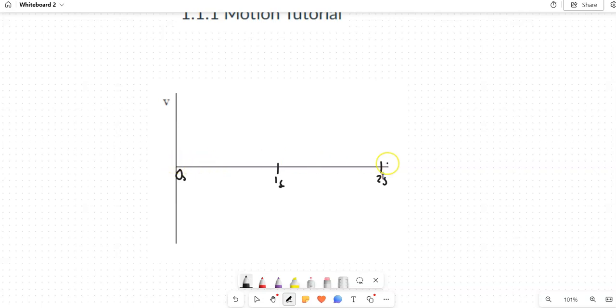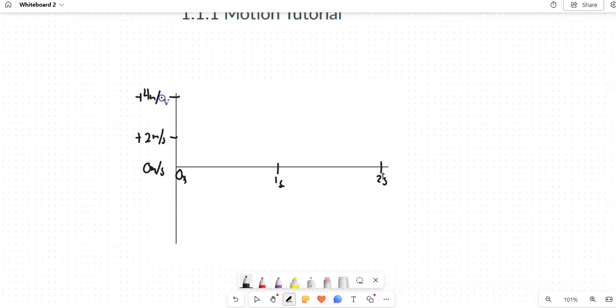So this is the t-axis. Now the vertical axis is the velocities. 0 meters per second is right here. This will be the positive 1 meter per second velocity, and let's call this positive 2 meters per second, and then positive 4 meters per second.